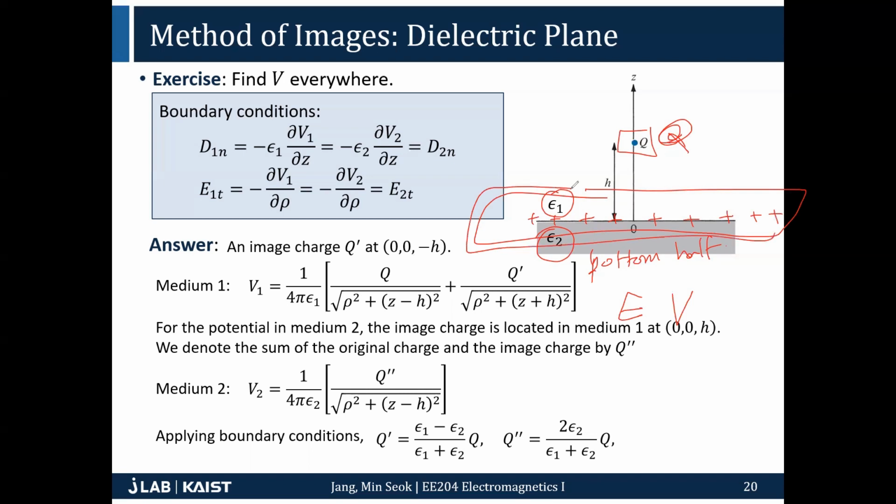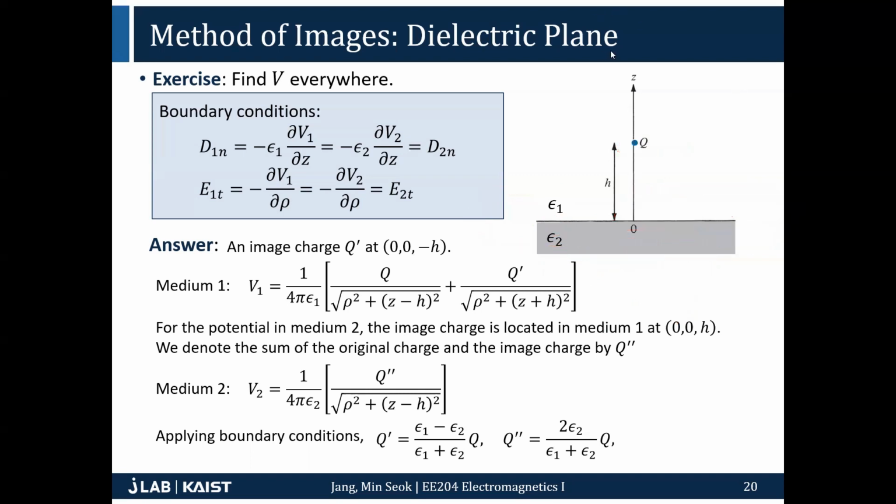And this distribution can be considered effectively as a new charge at the original position. So instead of dealing with this distribution, we assume that a different charge amount is located at the original position. And a similar thing applies to the other case too. I hope that answers your question.